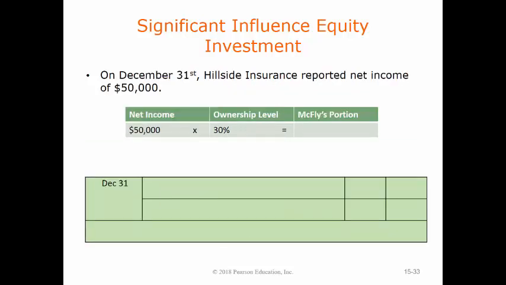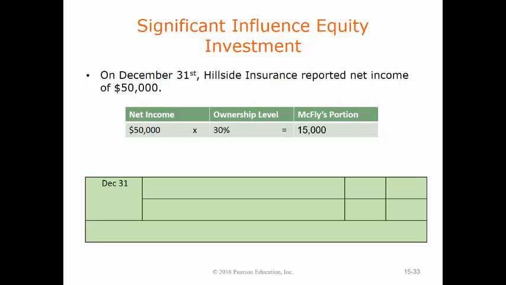And then, if in the future Hillside reports net income for the period, net income means that their value should go up, and because we are tied to them, the value that we have in our investment in that company should also increase. If they had $50,000 of net income and we own 30% of the company, we should be entitled to 30% of that $50,000, which is 15 grand.